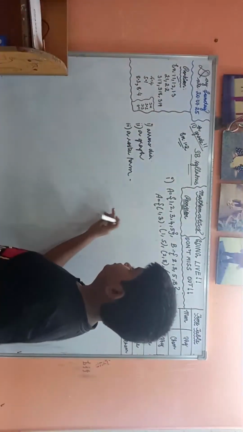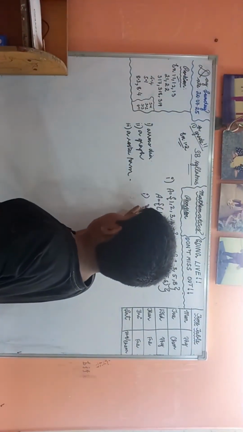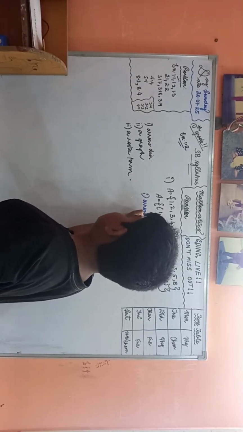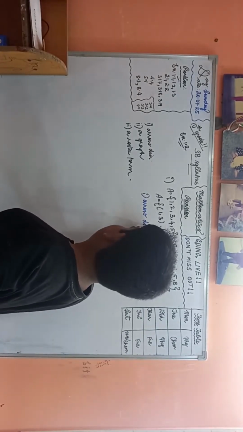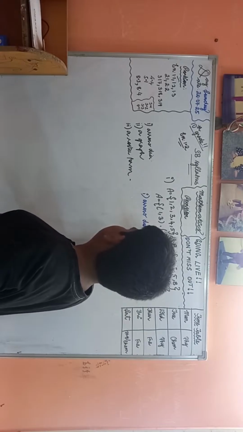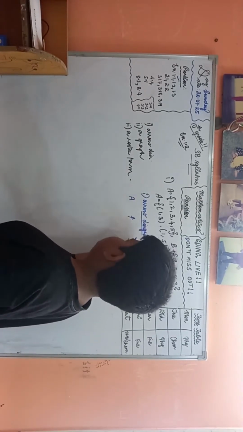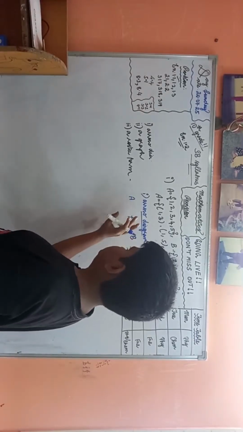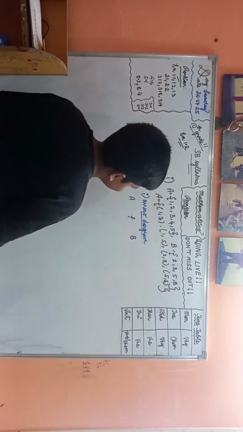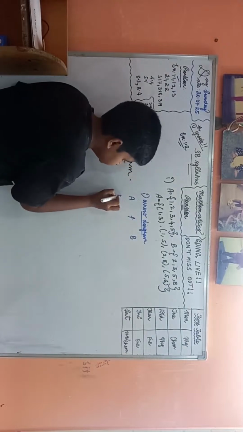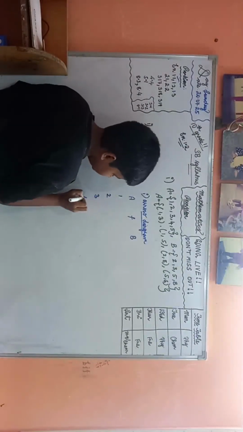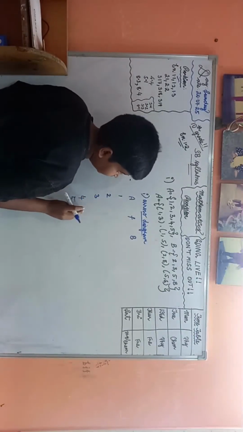So first one, there was this arrow diagram. So arrow diagram, you gotta understand, guys. So A relation of B. What are the elements in A? So 1, 2, 3, 4, 5.